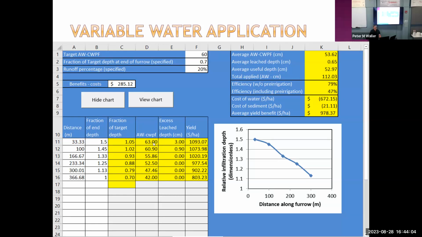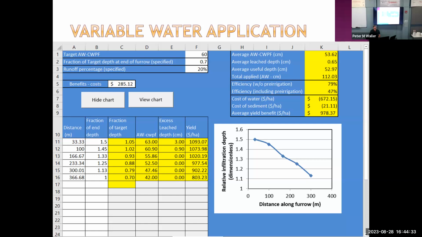Okay, so a lot more than 70%. You're putting on about 18% more water, but you're getting double the yield. So you can see that it's important to consider the entire furrow when you consider your target depth of water that you're putting on the field, or your average depth of water.